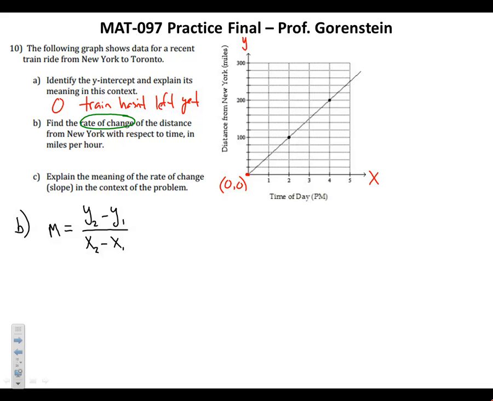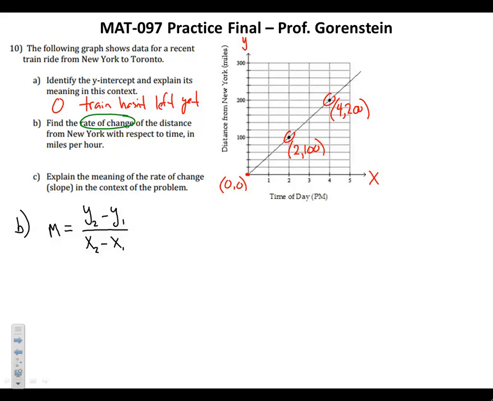So we're given 2 points on the graph labeled up here. The first one is the point (2, 100), and the second point is (4, 200). So we'll calculate the slope using those 2 points.